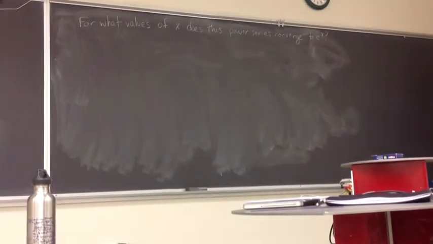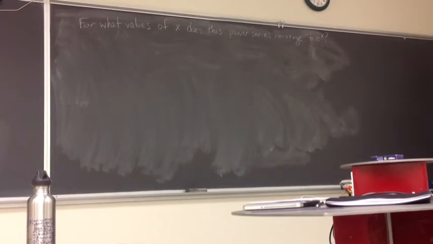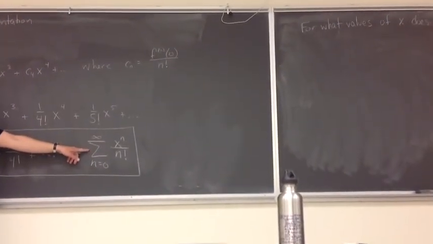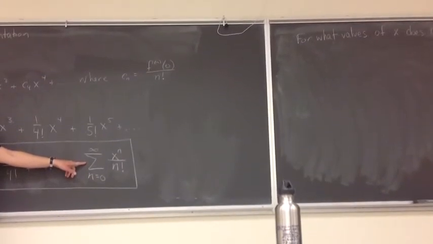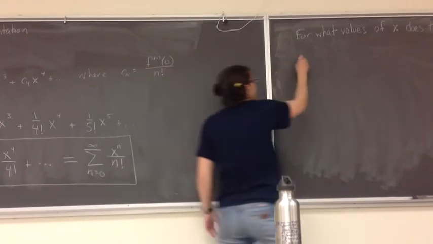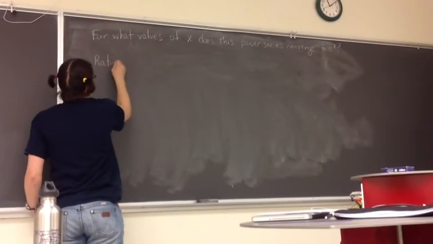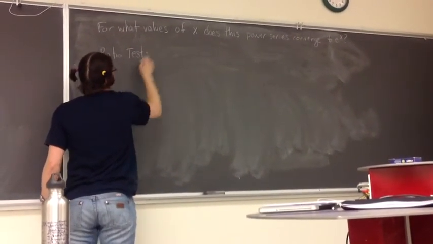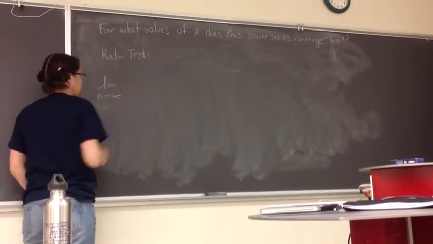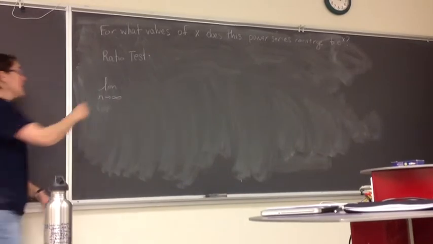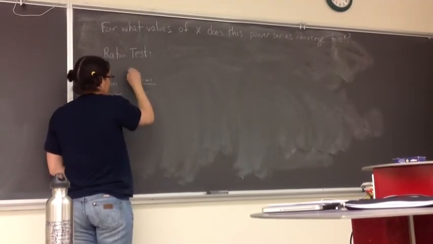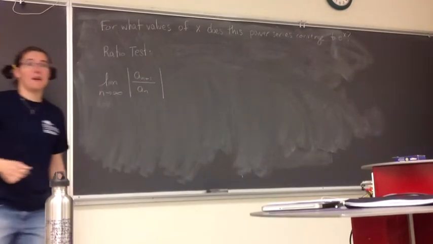Well, to answer that question, here's my power series written in summation notation. And if I want to figure out for what values this series converges, what test do I want to use? Yeah, I want to look at the ratio test. And so the ratio test says that I'm going to take the limit as n goes to infinity of the an plus first term divided by the an term and take the absolute value of that.